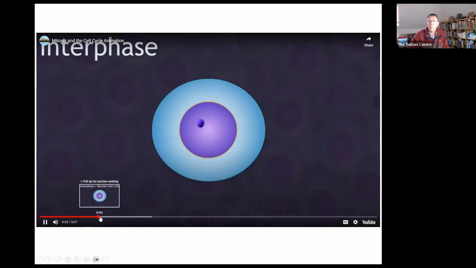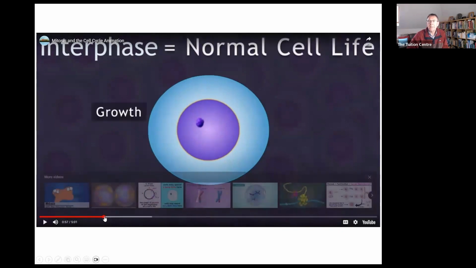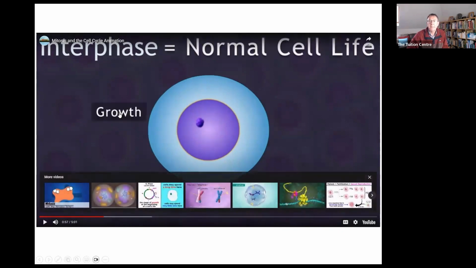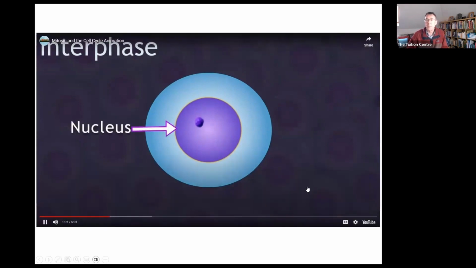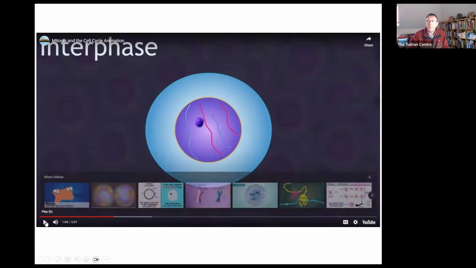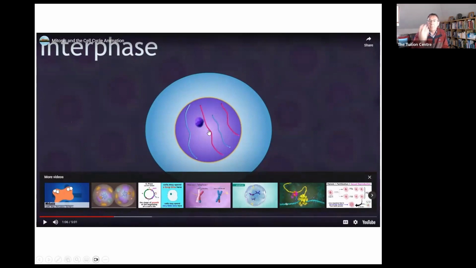So what we're talking about here in interphase is the normal cell life, as we said, and cells are just doing their thing, they're growing and carrying out their metabolic activities, their job, right? And inside the nucleus, if you were to look at a cell under the microscope when it's in interphase, you can't actually see the chromosomes as these tightly packed, obvious individual structures, right?